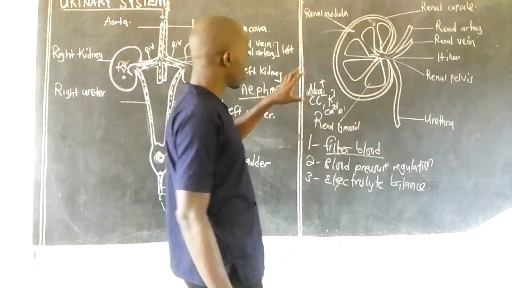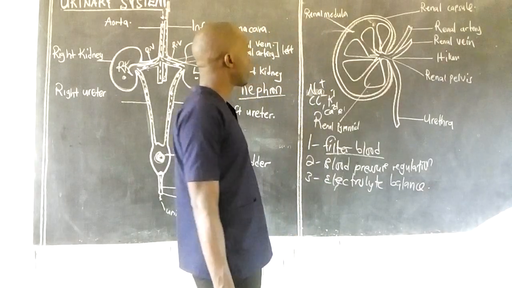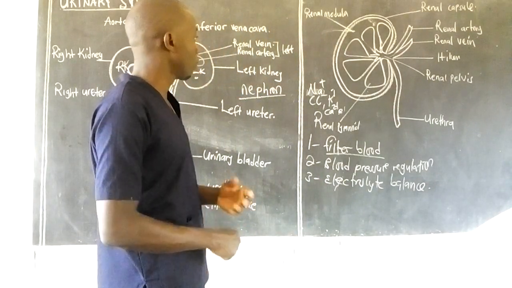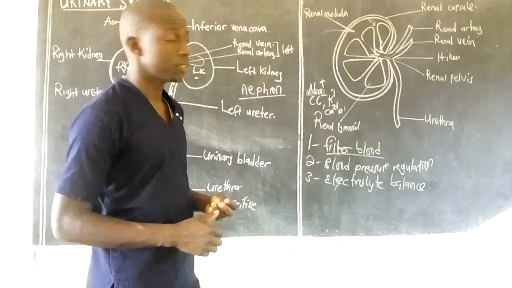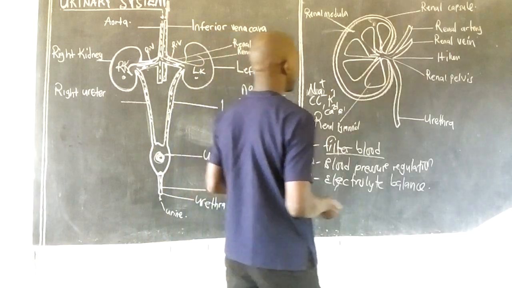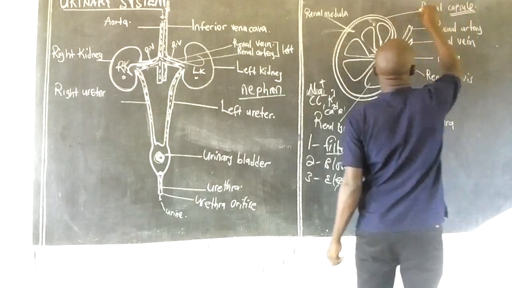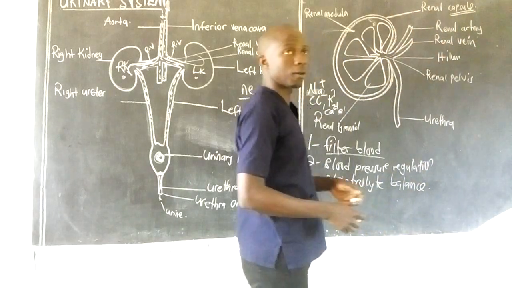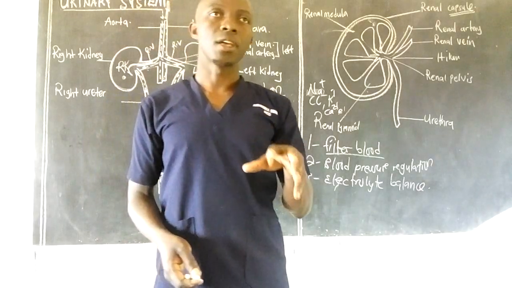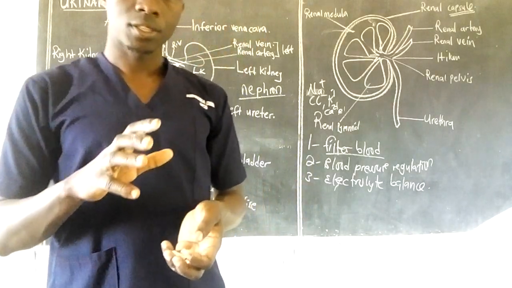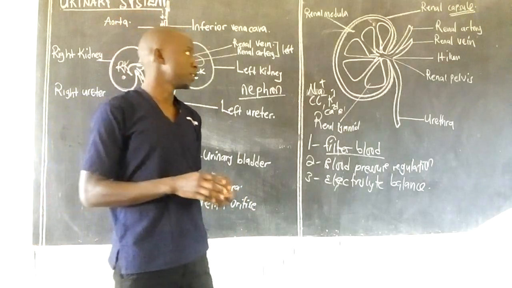So when we get to the structure of the kidneys, they have four layers, or four parts, that consist from outside to inside. The first is the renal capsule, or the capsule. So the capsule is a coating or a covering on the cortex of the kidney.